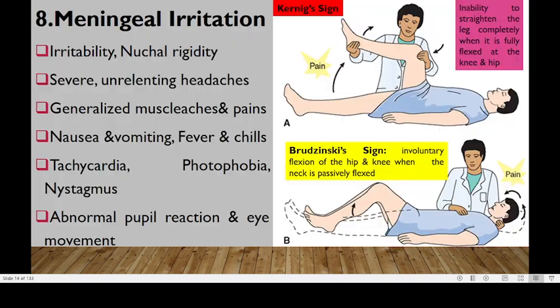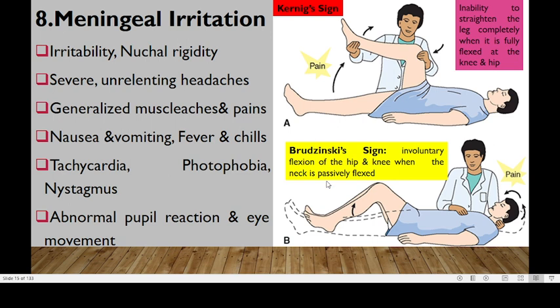Next, we have meningeal irritations. In meningeal irritation, we could have signs like the Kernig sign and the Brudzinski sign. For the Kernig sign, we have the inability to straighten the leg completely when it is fully flexed at the hip and the knee.